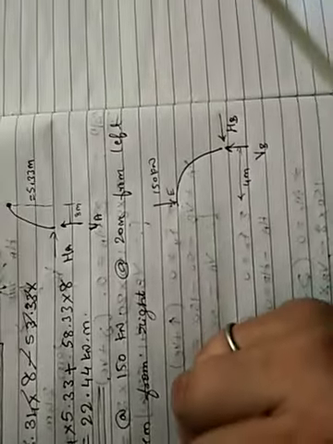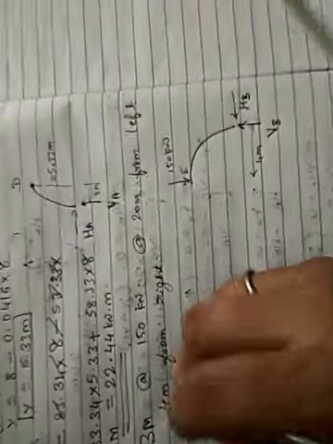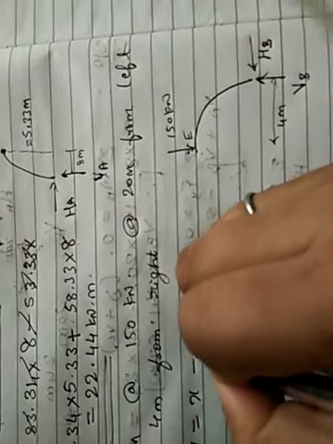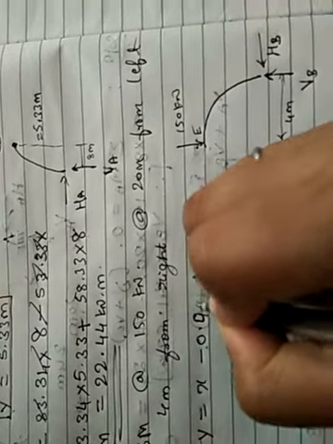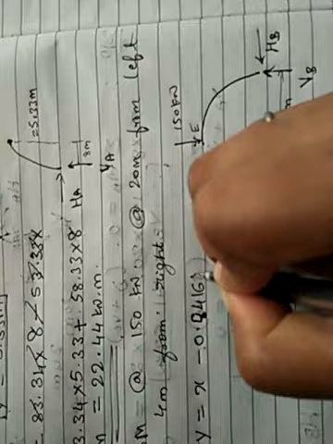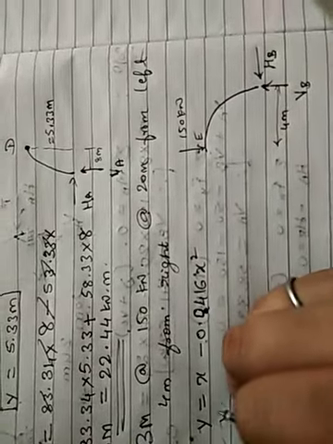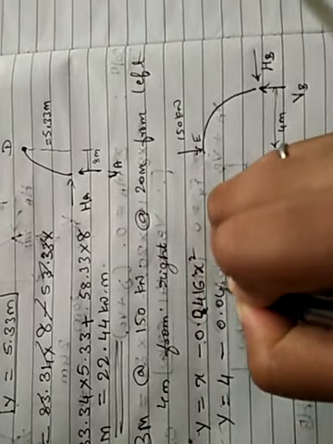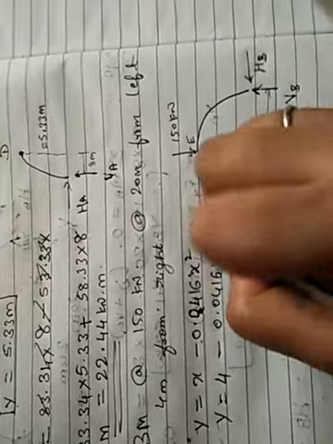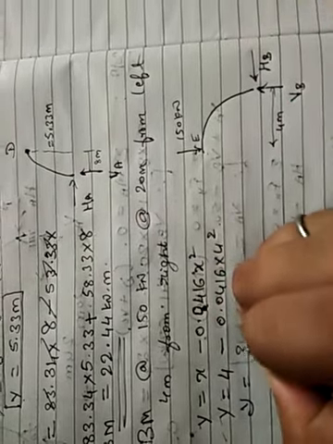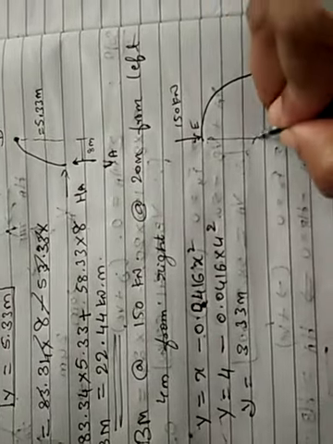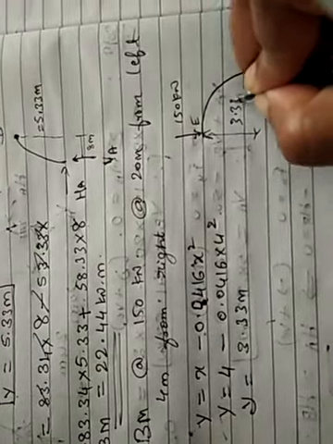The general equation for y is y is equal to x minus 0.0416 into x square. So now substitute for x as 4, and we get y is equal to 3.33 meter. So this height is 3.33 meter.